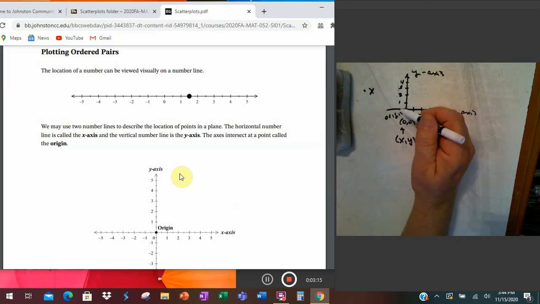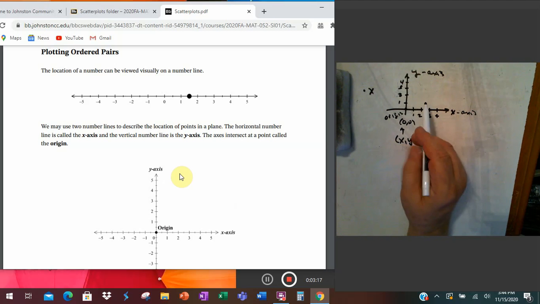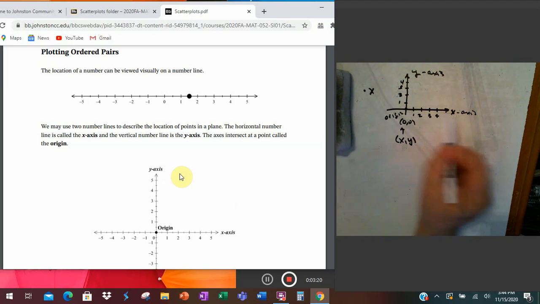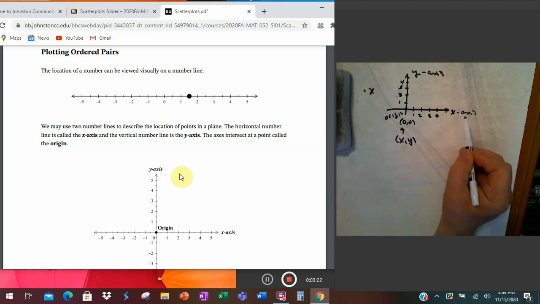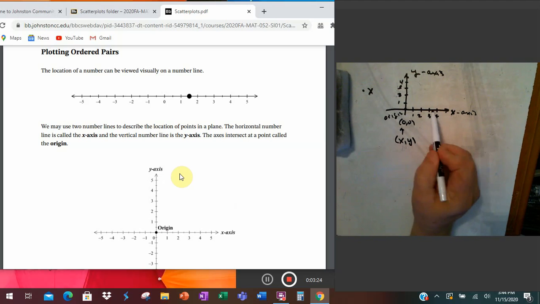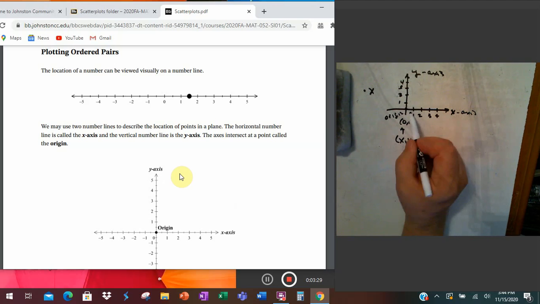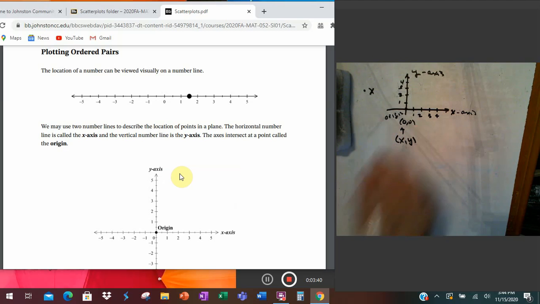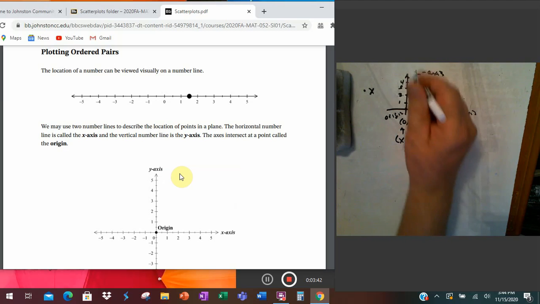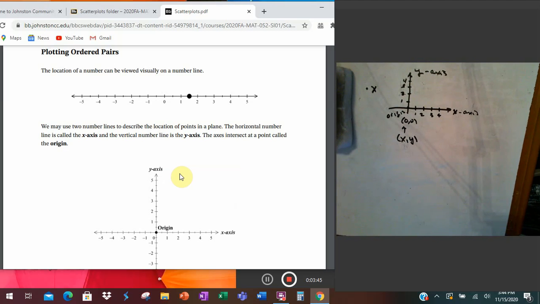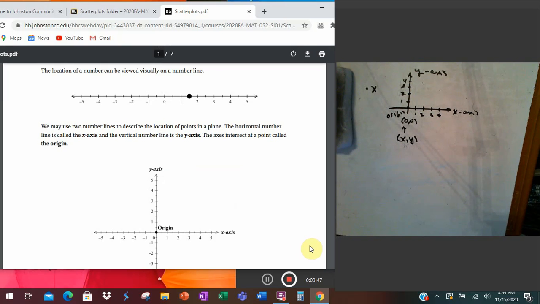Now sometimes the scale is not going to be the same. You want the scale to always be fixed on the x-axis. The y would ideally be the very same, so each one of these lengths would be 1 unit here, but it doesn't necessarily have to be that way. You may want this to be 100, 200, 300, 400, and this distance would be the same, but that would give you a wider range of values that you could plot. Okay.